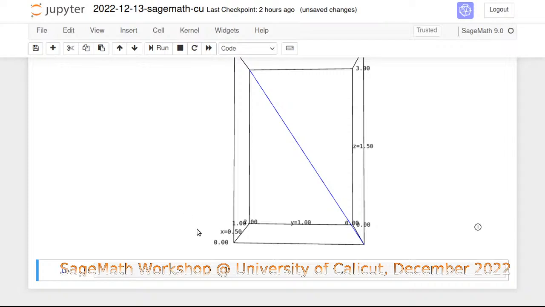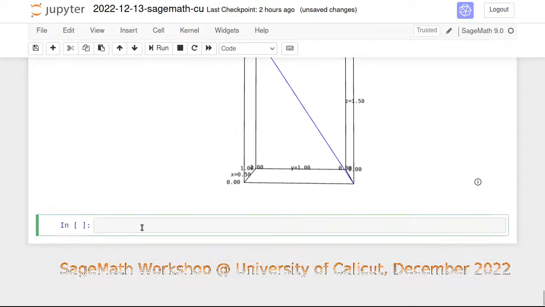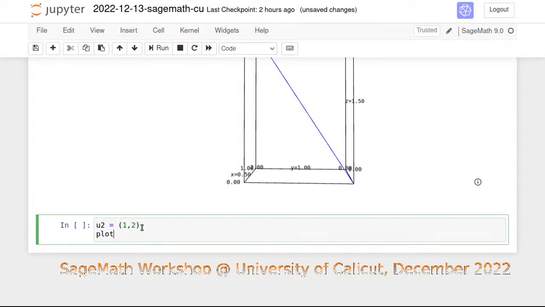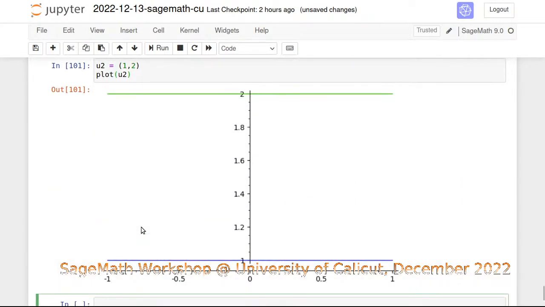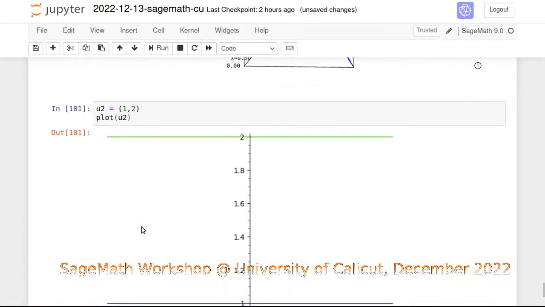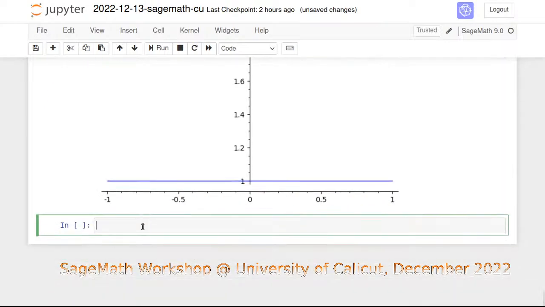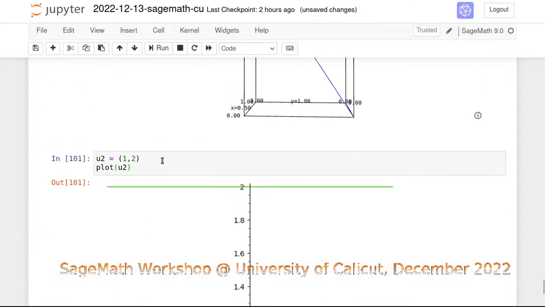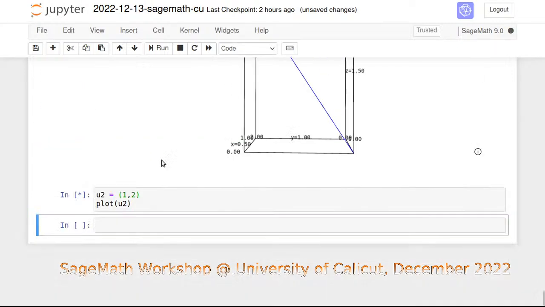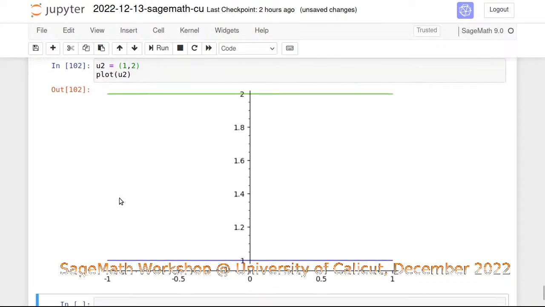Maybe one two-dimensional vector, u2 equal to 1, 2, and plot u2. What's happening here? Two lines.